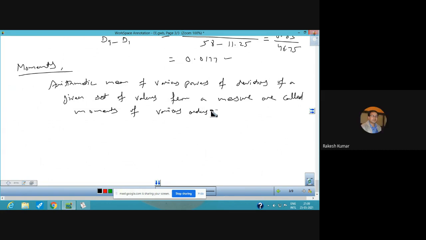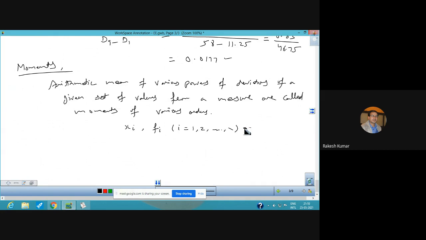So if we have a discrete frequency distribution, corresponding to xi we have frequency values fi, and i varies from 1 up to n.